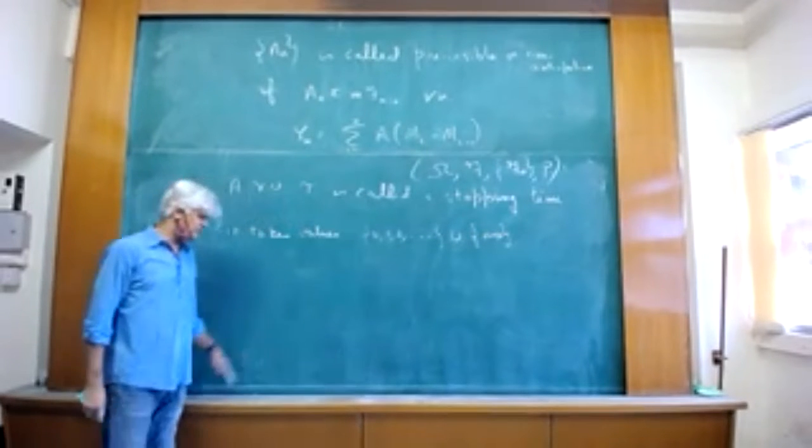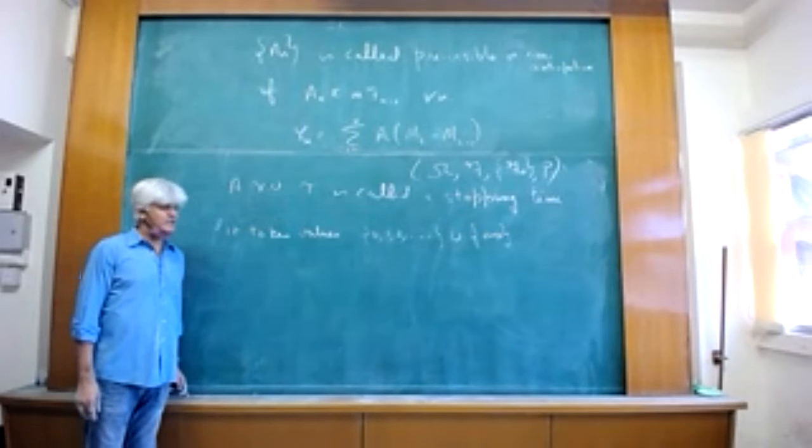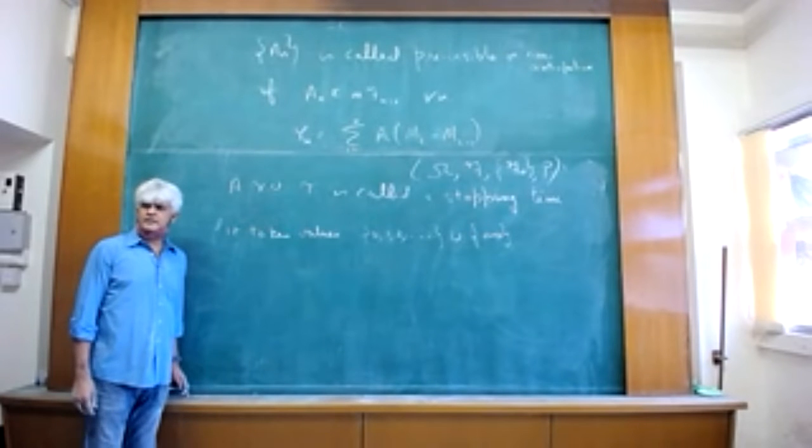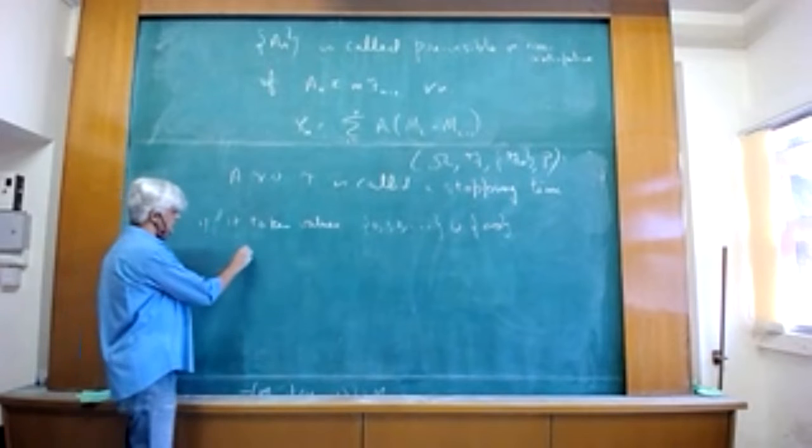Up till now we've been careful; everything we defined, we could have defined with plus infinity. So it takes these values, and the event tau less than or equal to t is F_t-measurable, F_{t-1} predictable.